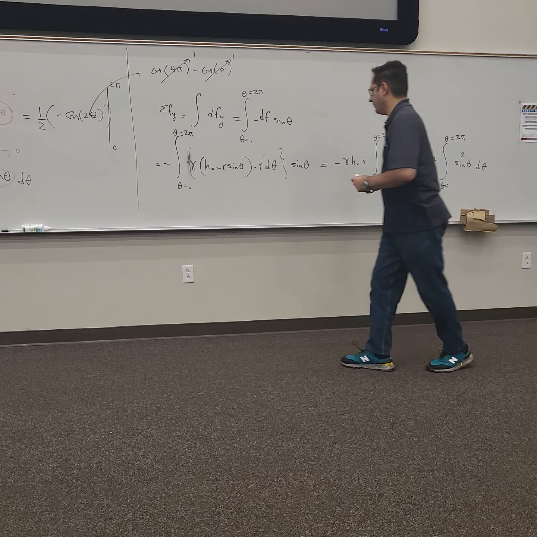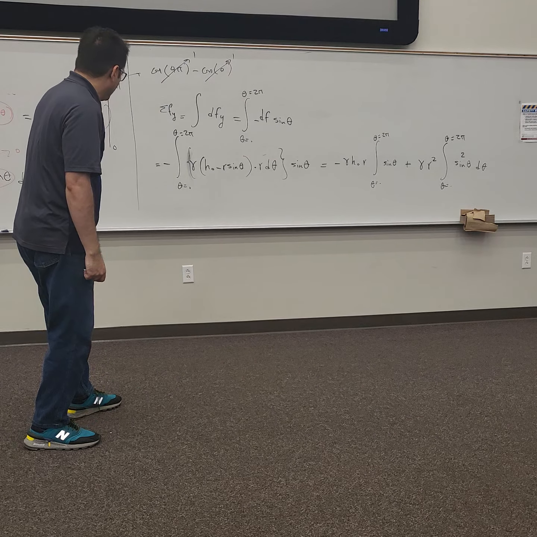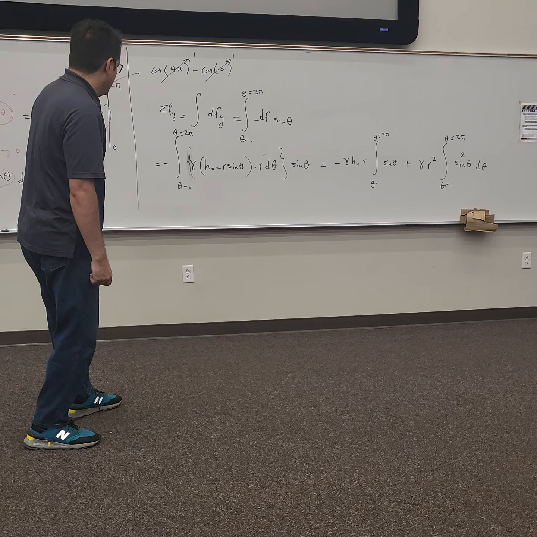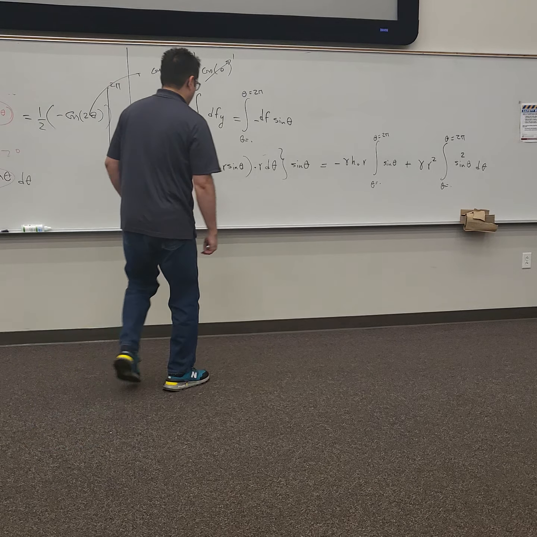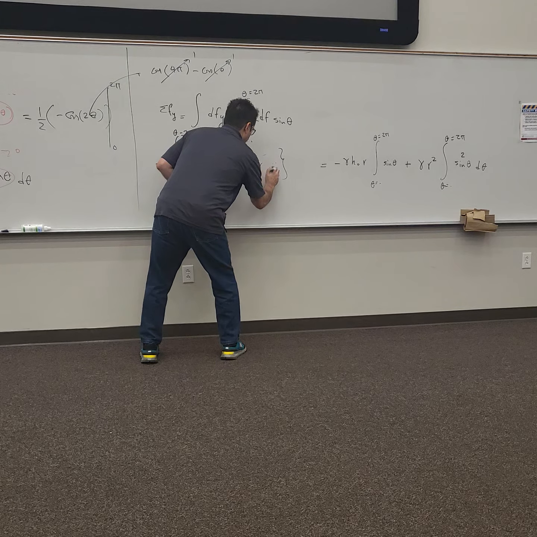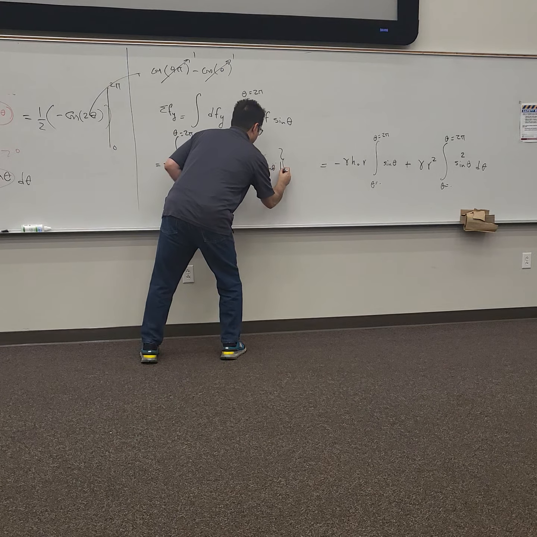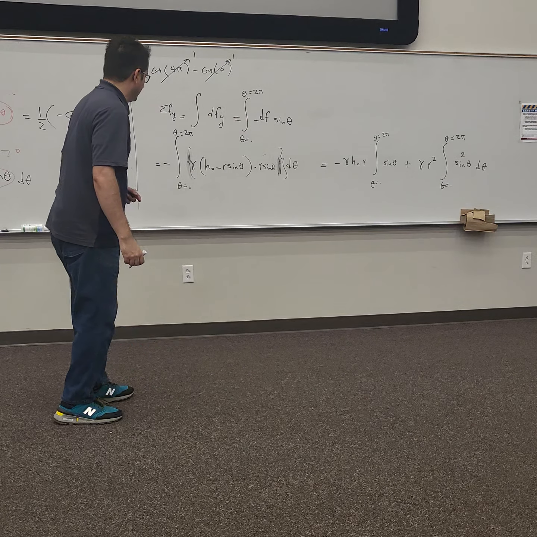Double check it before we proceed. Negative gamma h0 r, sine theta, and then I put d theta here. And this is easier to understand.